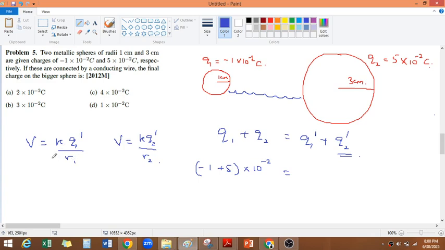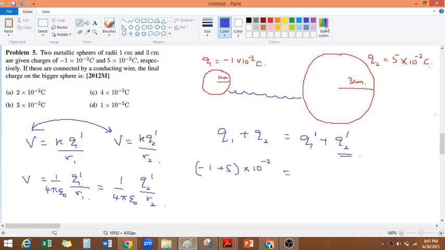K is nothing but 1 by 4 pi epsilon naught, right? So 1 by 4 pi epsilon naught Q1 dash divided by R1. But I can bring it over here, or I can equate this and this. I know that voltages are equal here. So that means I can equate this and this. So 1 by 4 pi epsilon naught Q2 dash divided by R2.